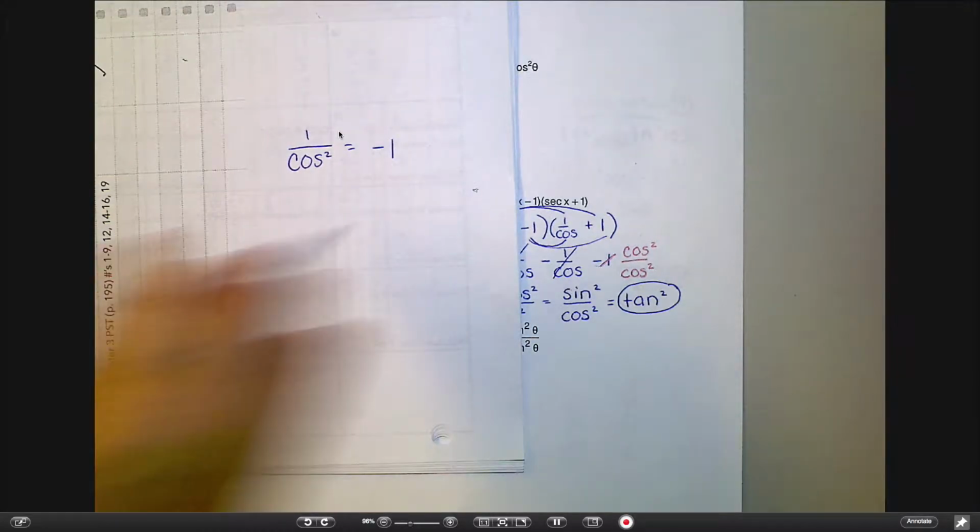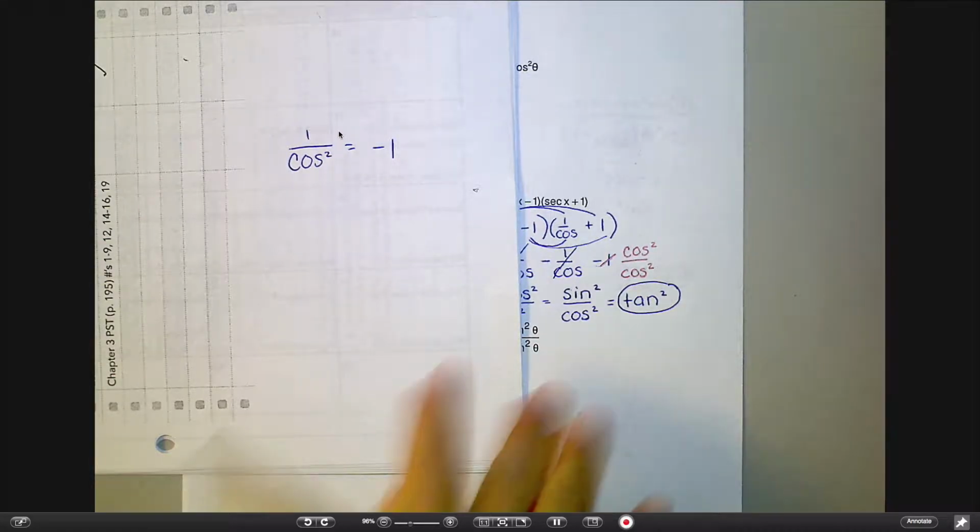But if you just have an expression, you can't multiply the two pieces by anything. You can multiply by cosine over cosine because that's equal to 1, and multiplying by 1 doesn't change anything. But you can't multiply both sides of one expression.